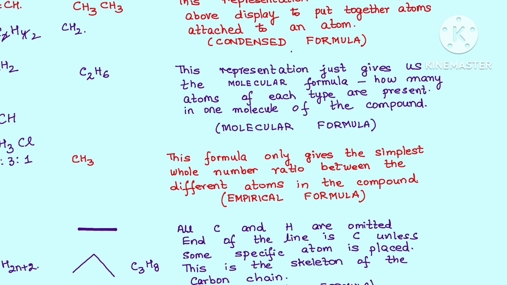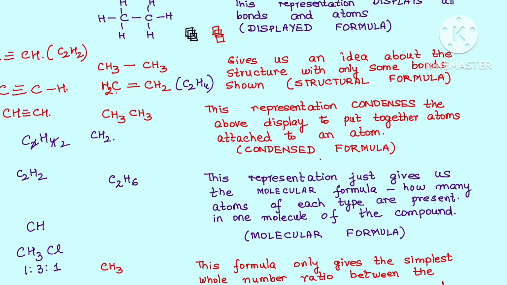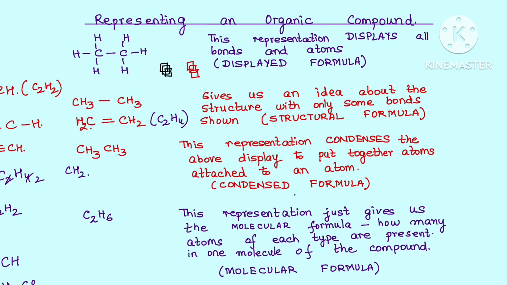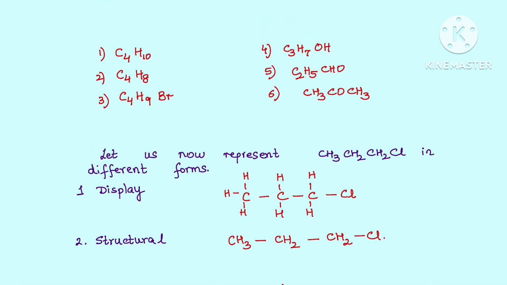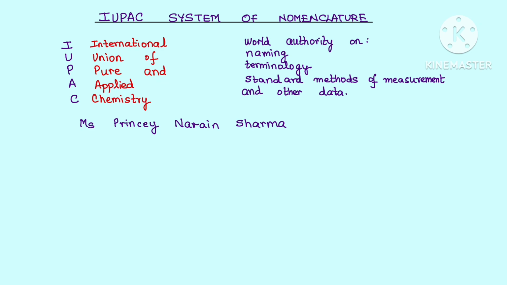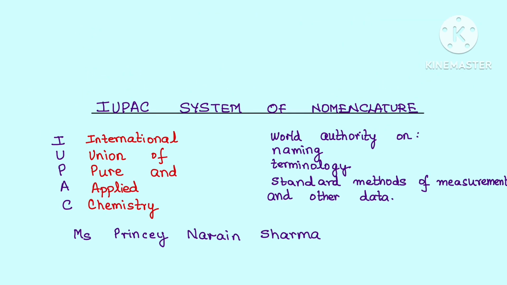It will help you to consolidate your knowledge. It will also help you to gain confidence in the topic. Now, once you have practiced these structures, I will also give you the answers to these in the next video. And we will also start with the formal system of naming organic compounds, that is IUPAC system of nomenclature.